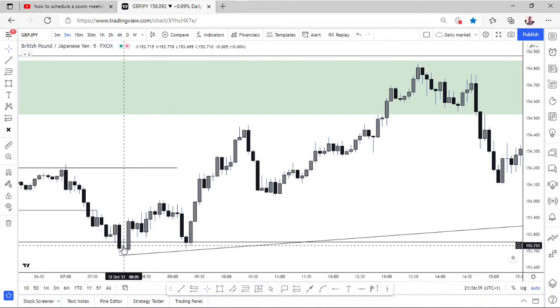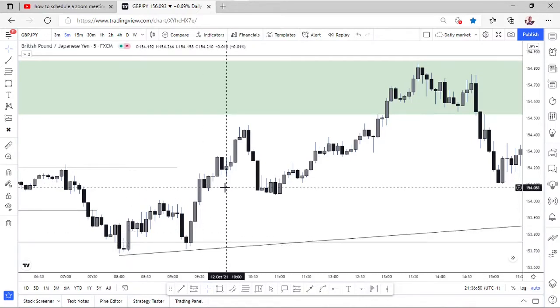I use the 1 hour, 4 hours, and the daily to confirm my trend. So if I want to know if a market has changed direction, I go to the higher time frame, which is the 1 hour, the 4 hours, or the daily, to confirm my change in direction, my change in trend. But I come down to the lower time frame, which is the 15 minutes and the 5 minutes, to take my entries.